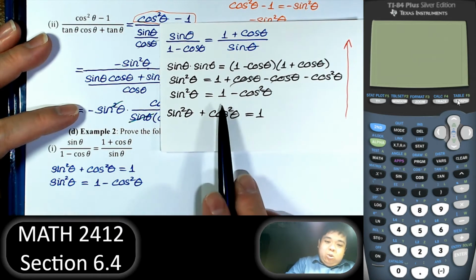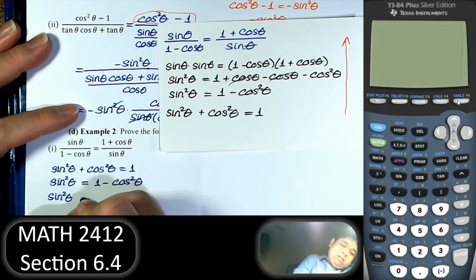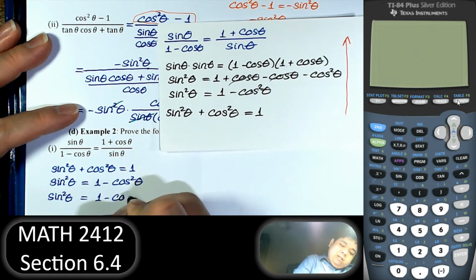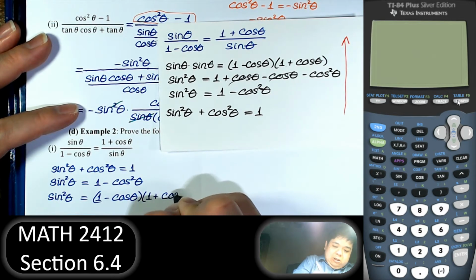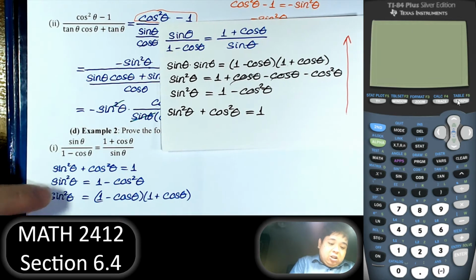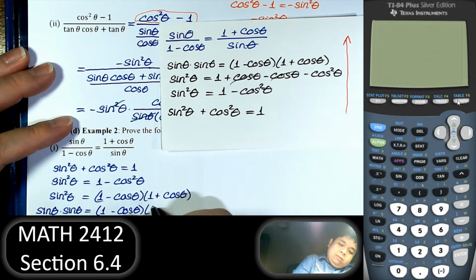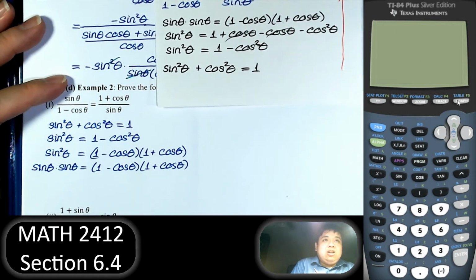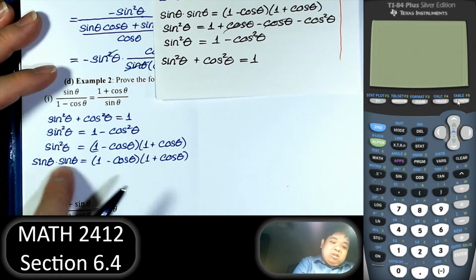And 1 minus cosine square, difference of two squares, I can write as 1 minus cosine times 1 plus cosine. Right. The sine square, why don't we write sine times sine? And finally, just scramble. Move the 1 minus cosine to this side and move the sine to the other.